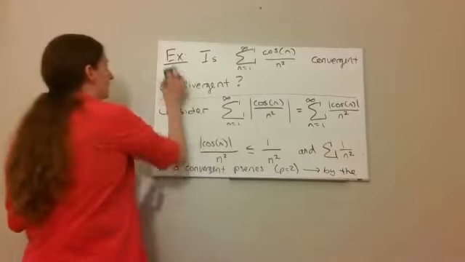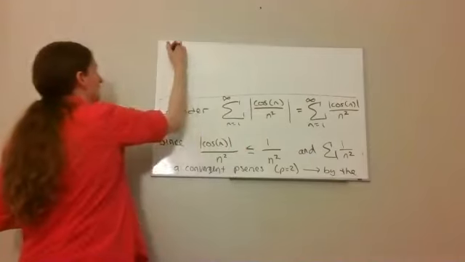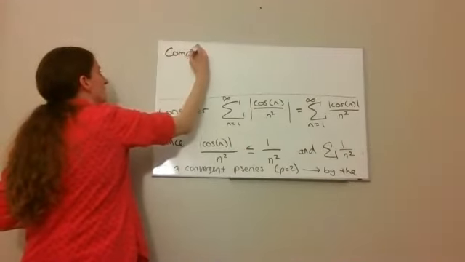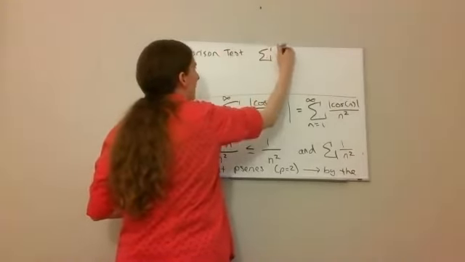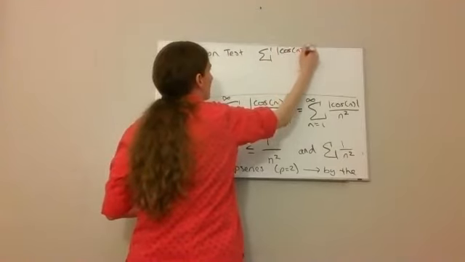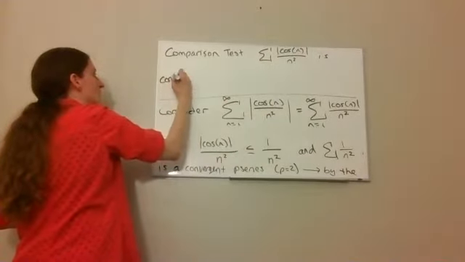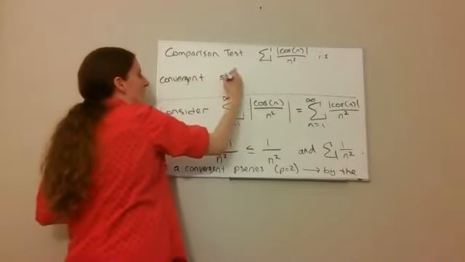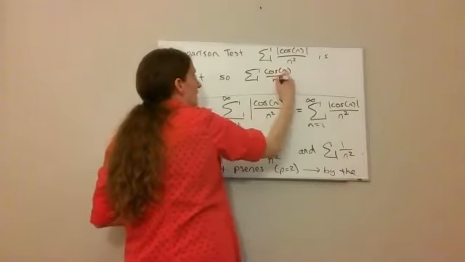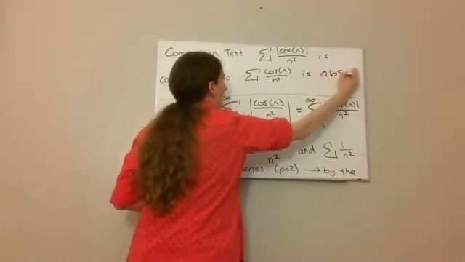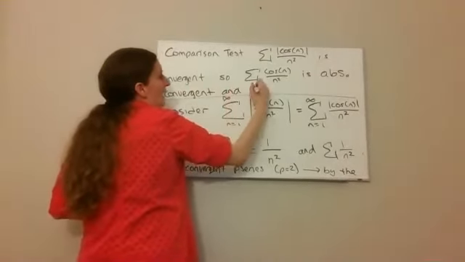So by the comparison test, my series absolute value of cosine n over n squared is convergent. So my original series, which was just cosine of n over n squared, is absolutely convergent and thus convergent.